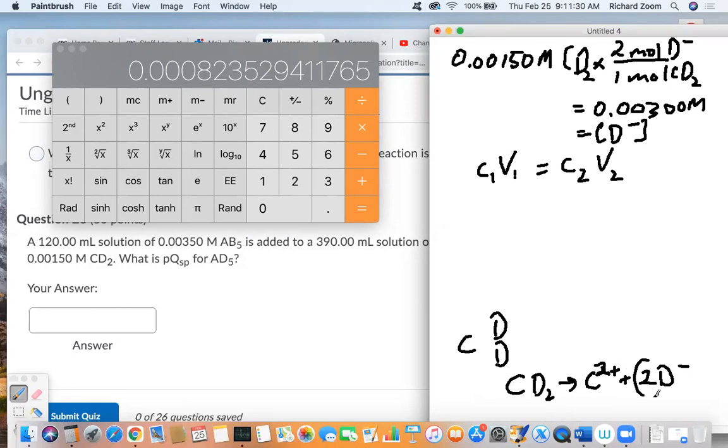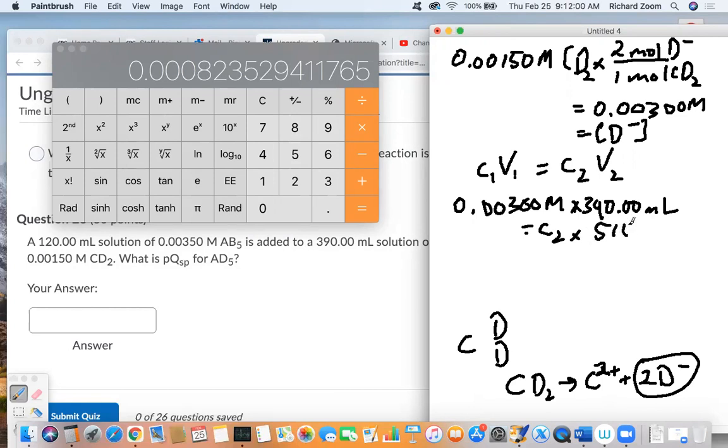That's the reaction. We're only interested in the D's though. So that's going to be 0.00300 molar times the volume, which is 390.00 mils. So that's what we're given in the problem. Equals C2 times the total volume, which again is 510.00 mils.